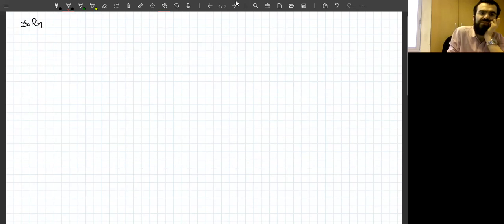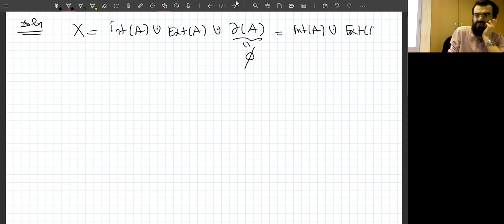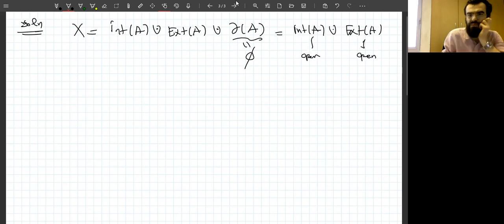Solution. We know we can write, for any subset A, X as interior A union exterior A union boundary A, a disjoint union. But the boundary is empty, which implies they are both open. So clearly the intersection of X with interior A is non-empty if interior A is non-empty.